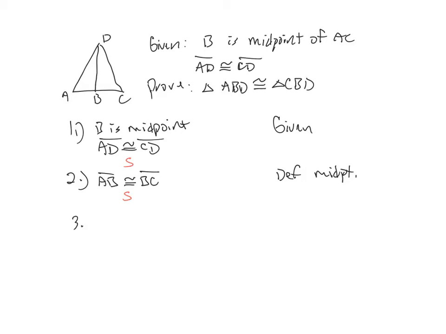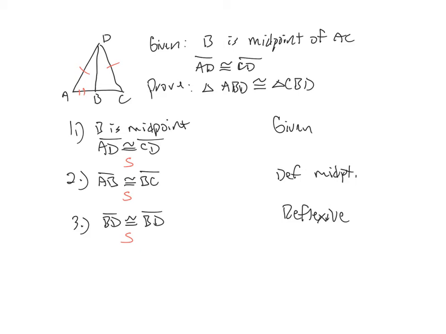Then I'm going to use the picture, and remember that a lot of the time that's going to be the reflexive property. BD is congruent to itself. Reflexive, and there's three sides. So it was given to me that those were congruent.